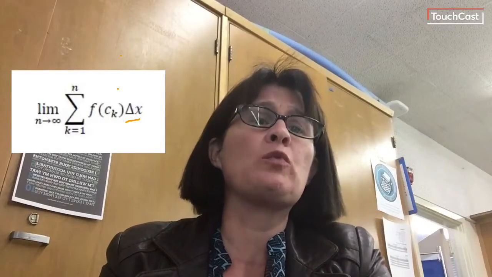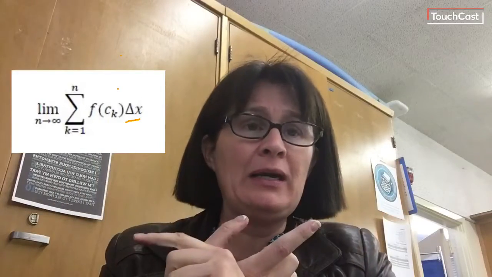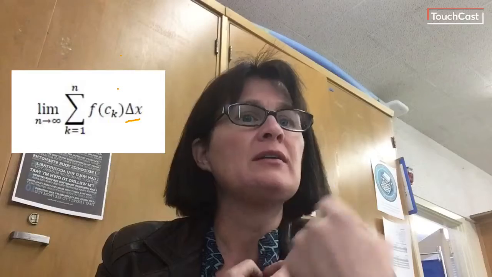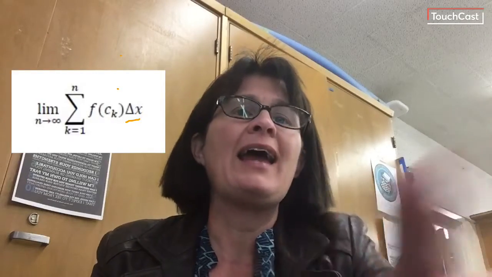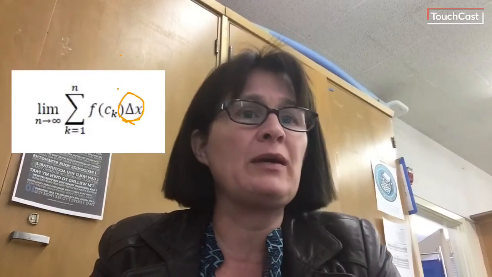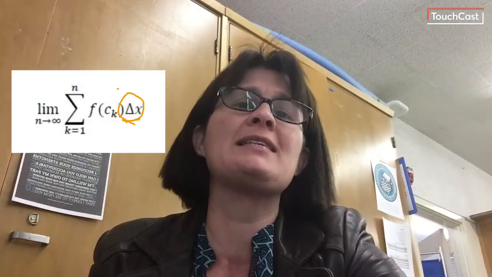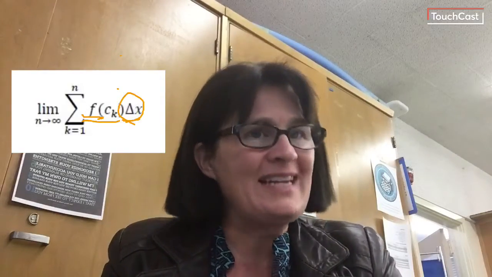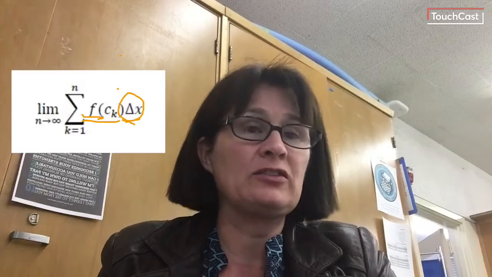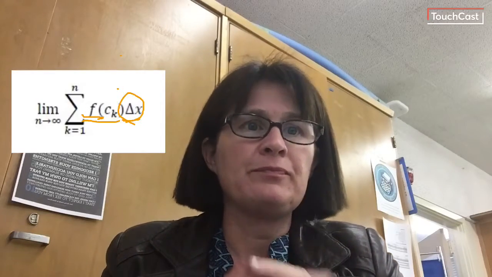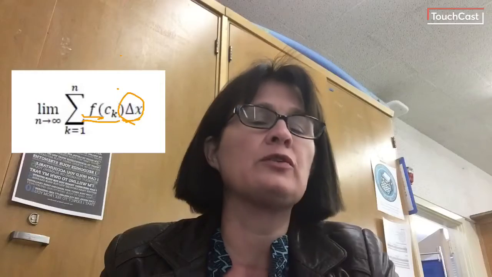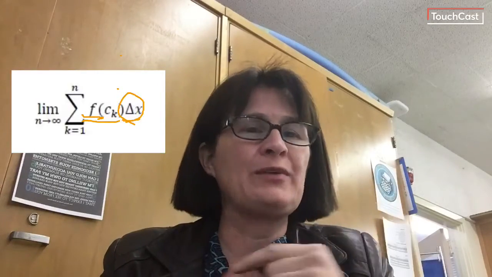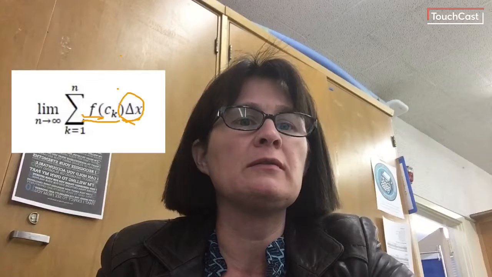Well, think about what happens when you change the order of a and b. You're going to subtract, and you'll get a negative result, which you're going to divide by a number of rectangles, and all your delta x's are going to be the opposite. So you're multiplying the same heights by the opposite widths. It's just going to give the negative version of the answer you would get if you'd use the a and b in the other direction. So change the order of the limits and get the opposite definite integral result.